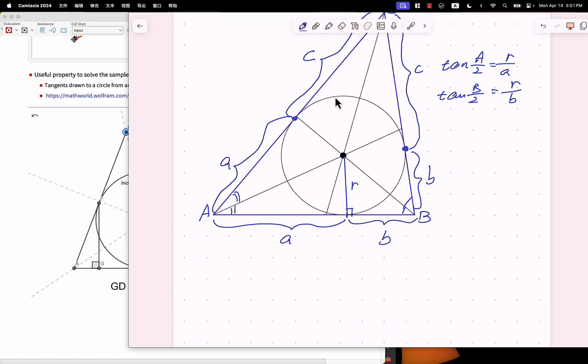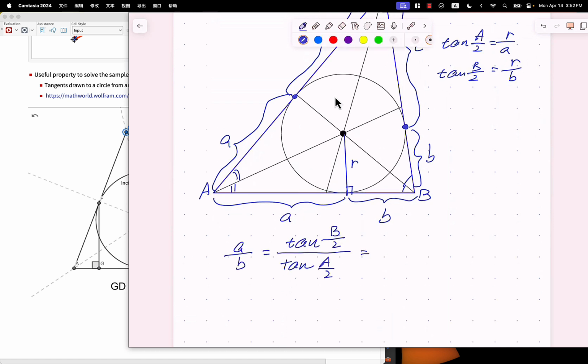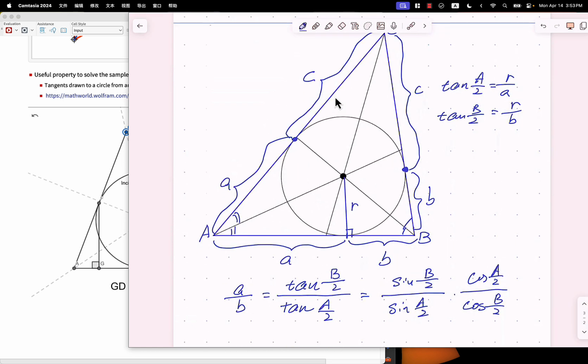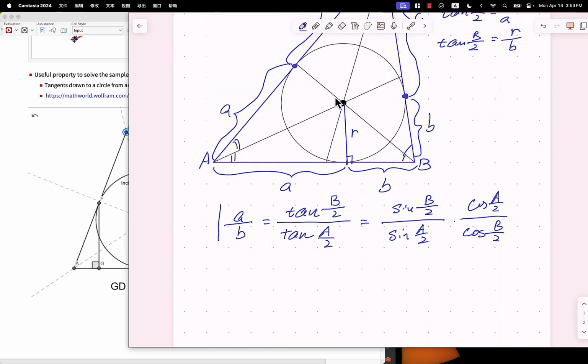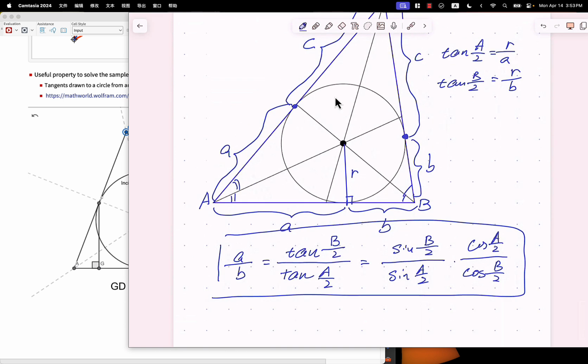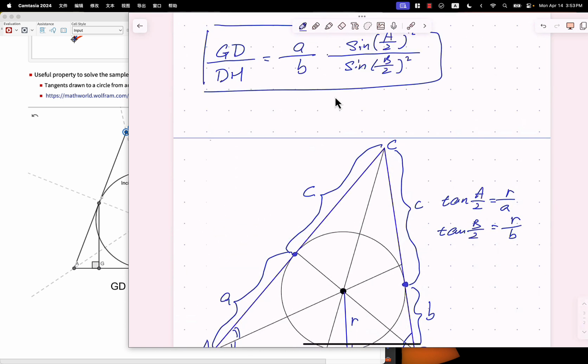So you can see that a over b is basically tangent half B over tangent half A, which is sine B over 2 over cosine B over 2, times cosine A over 2 over sine A over 2. Combine this relation and the relation here.